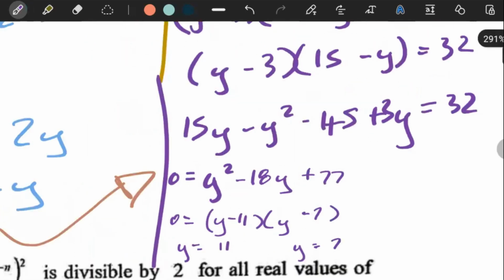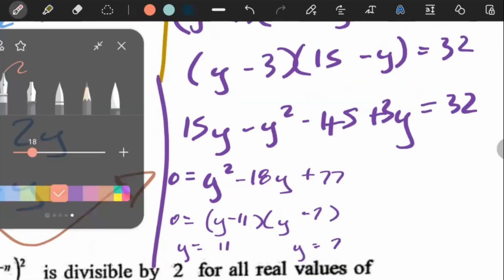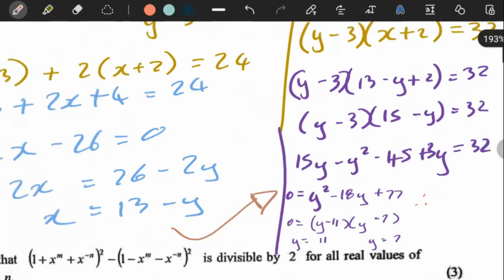So once we have y, our x value, we can easily say, therefore, x is equal to 13 minus 11. So x is 2, or 13 minus the 7, that would be 6.